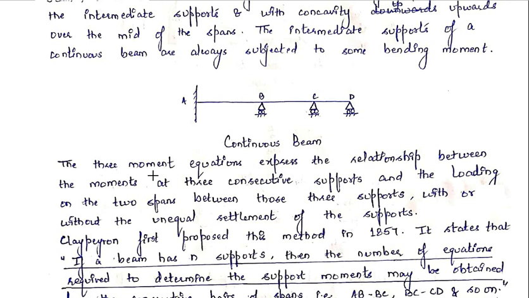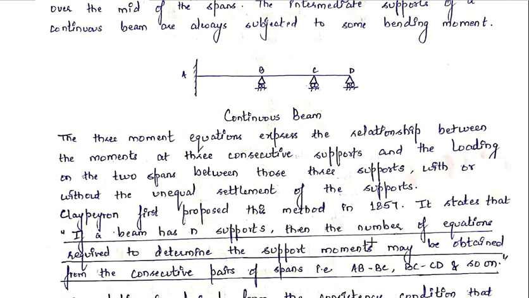This theorem, or these equations, was given by Clapeyron in 1857, and it states that if a beam has n supports, then the number of equations required to determine the support moments may be obtained from the consecutive pairs of spans, that is AB, BC, BC, CD, and so on.